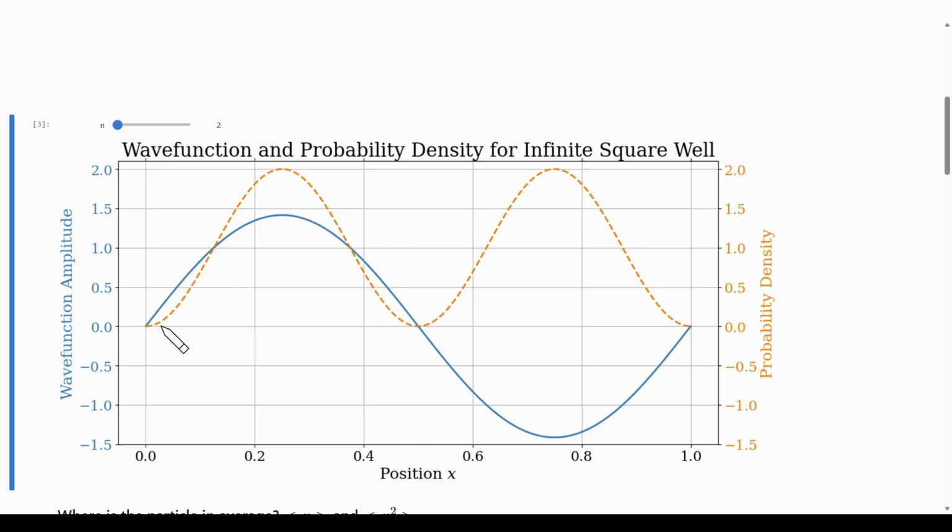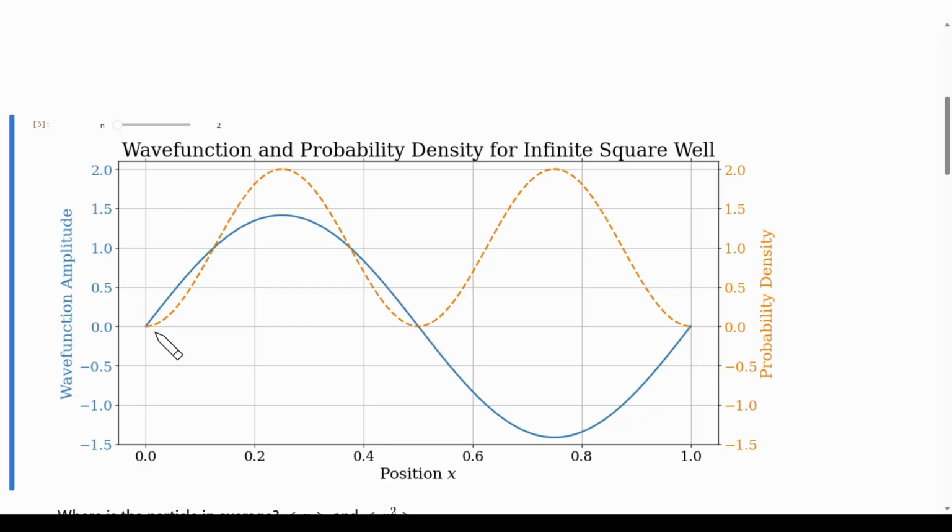Now, for n equals 2, we see an odd function with respect to the middle, and we see that there is a point where the probability density in the middle is equal to 0.